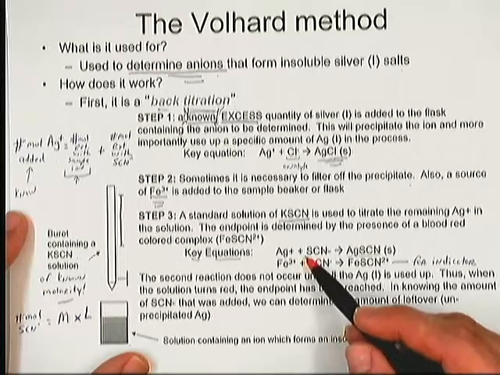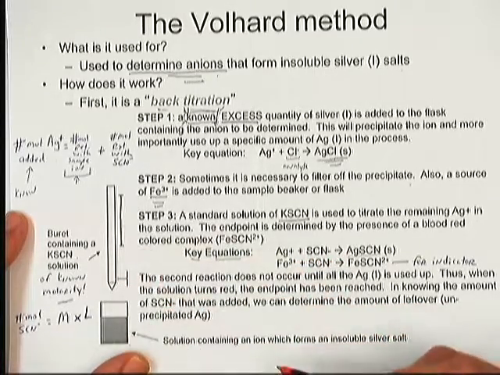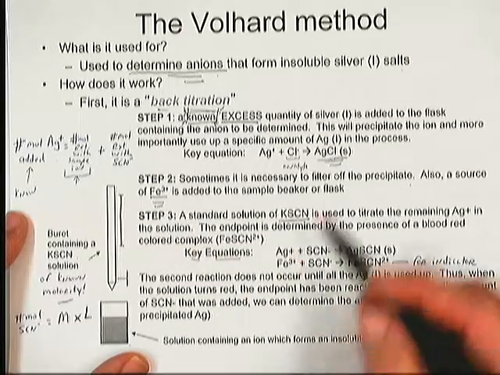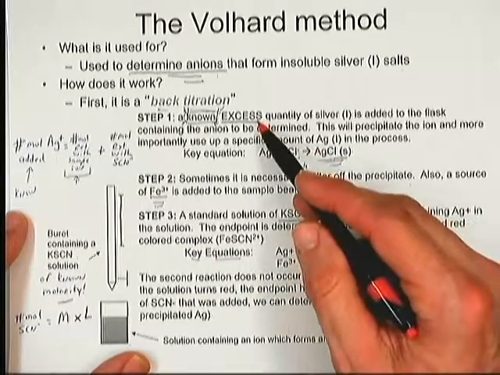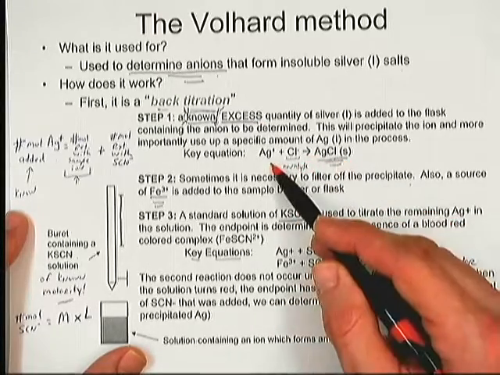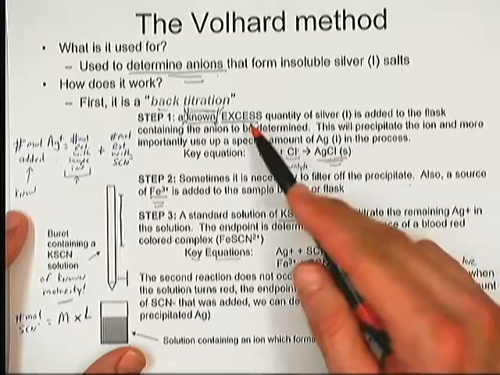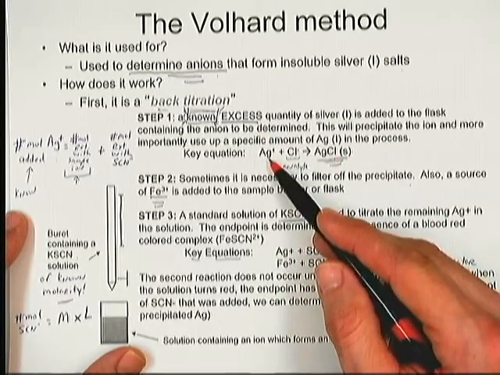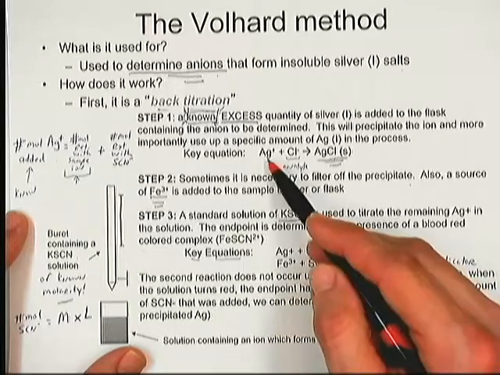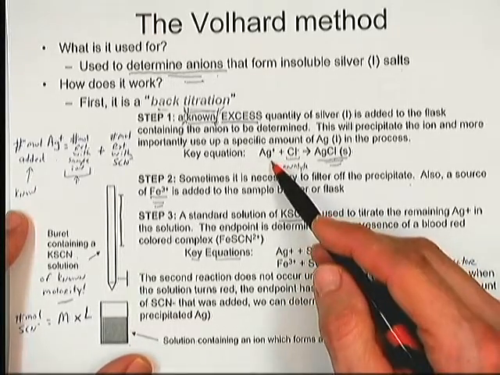What are we trying to achieve by running this titration from this burette? Well, remember in step 1 we said we added a known excess of silver? Some of it reacted to form this chloride salt, but we still had excess. We had too much of this. So if we do a titration to figure out how much extra we had, that's going to be useful information for us.